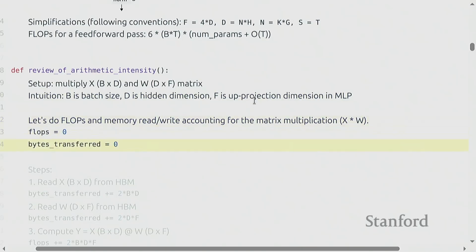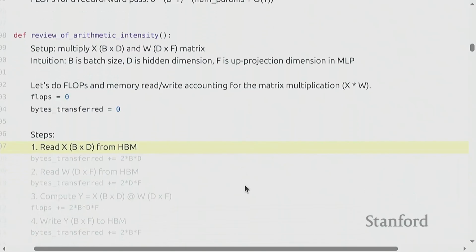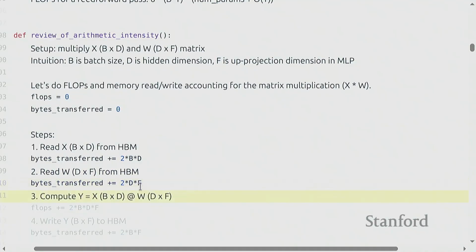Okay, so we're going to start with initializing to 0. What one has to do for this is read X from HBM. That means it incurs a memory cost of 2 times B times D, assuming everything is in BF16. You also read W, so that's 2 times D times F. Then you do the matmul, and that incurs 2 times B times D times F FLOPs.